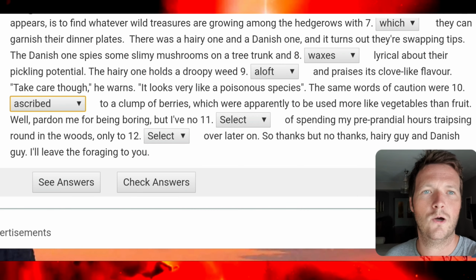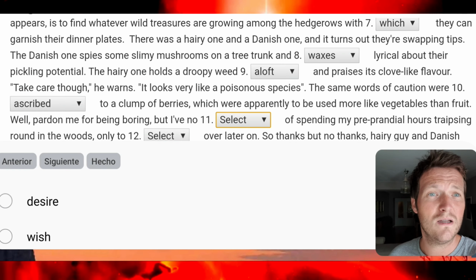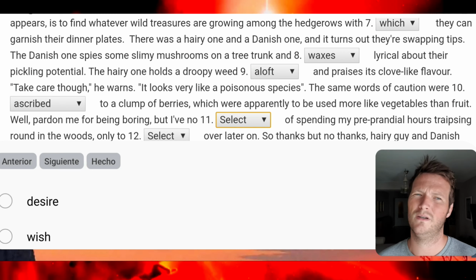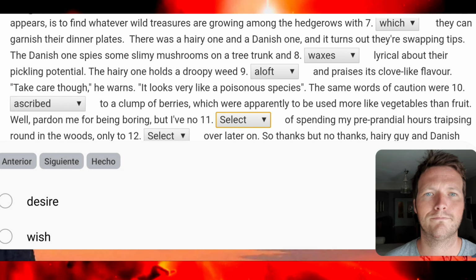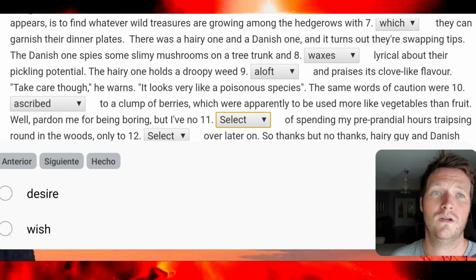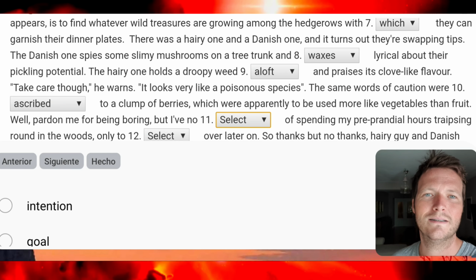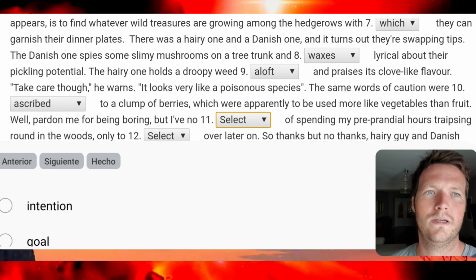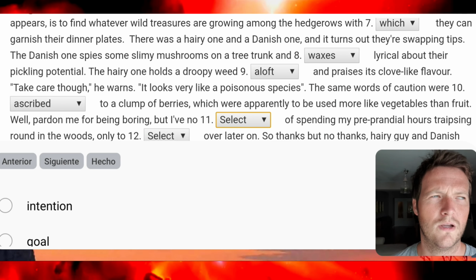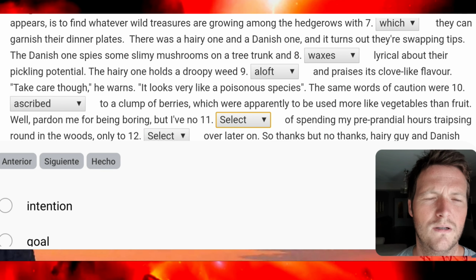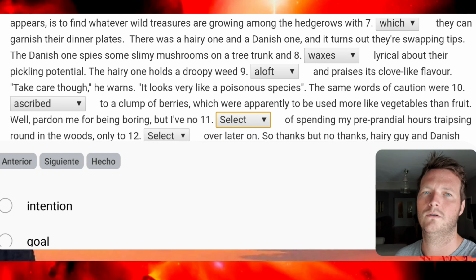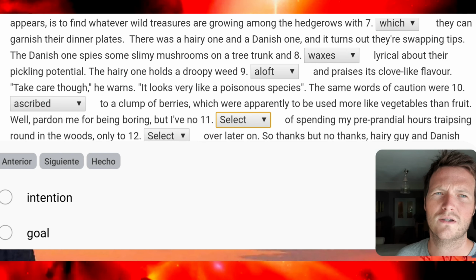No, so I've no desire to spend, but desire of spending, no. I've no wish of spending, possibly. No, I think I've no wish to spend. I've no intention, no goal, no objective of spending.